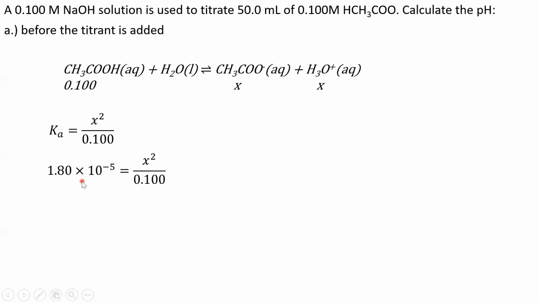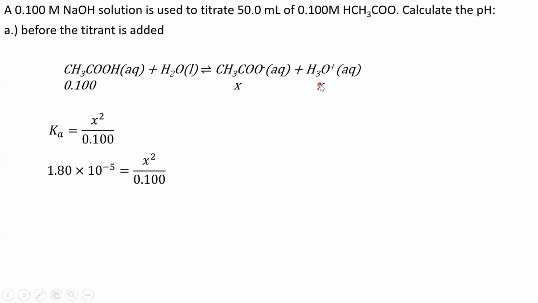Now, the Ka for acetic acid is a constant. You just look it up on a table. So 1.80 times 10 to the minus 5 equals x squared over 0.100. So from here, let's see if you can roll this out on your own. Do the math to solve for x.